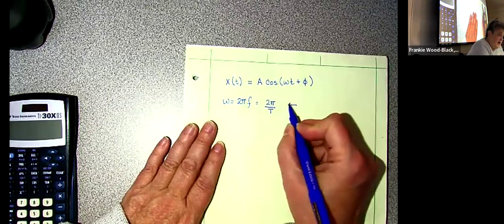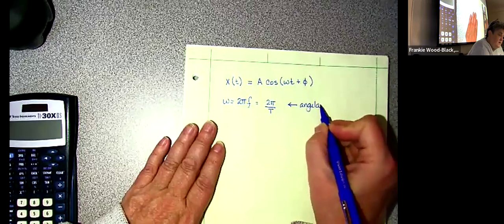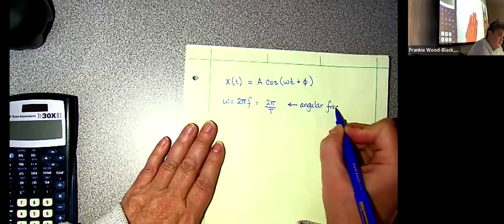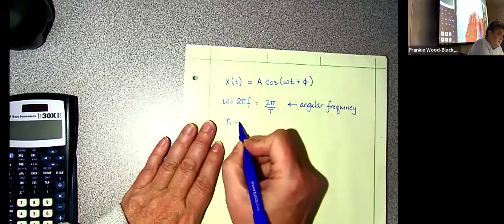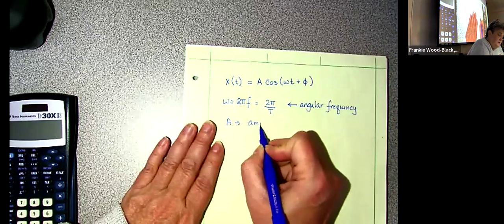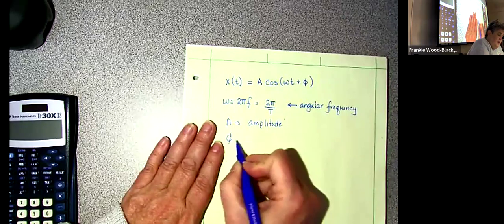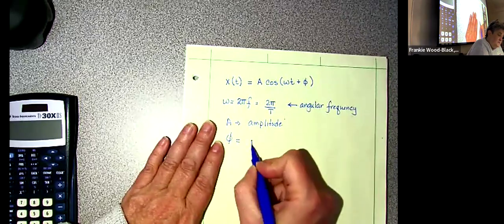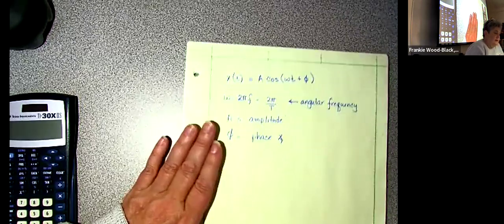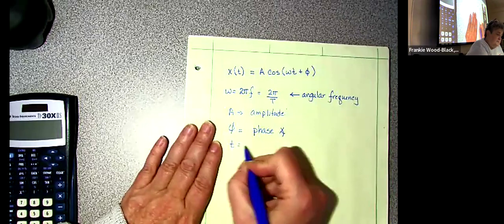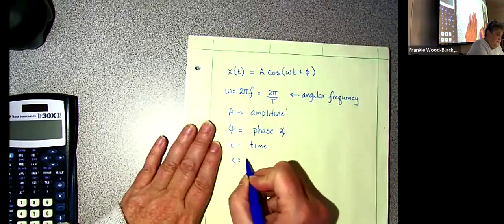So this is our angular frequency. A is going to be our amplitude. Phi is the phase angle. T is time. And x is position.